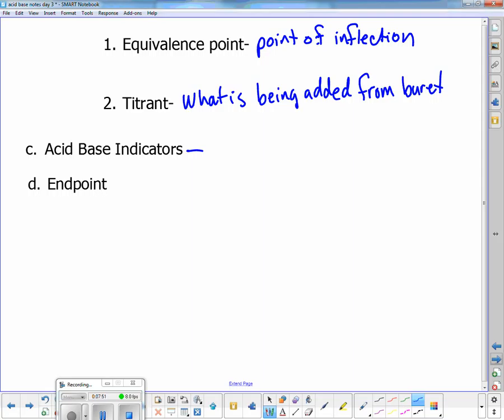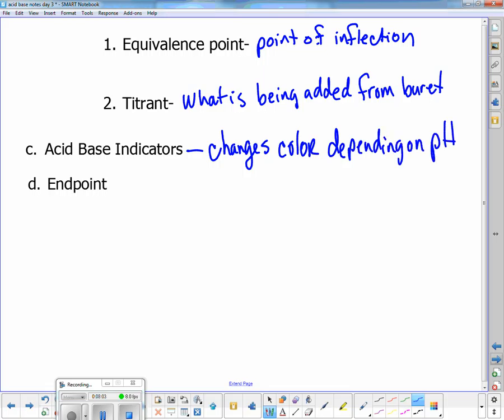So an acid-base indicator changes color depending on pH. Well, on those curves that I told you about earlier, we want an indicator that would change about the point of inflection, because we would want to know when that jump occurred.